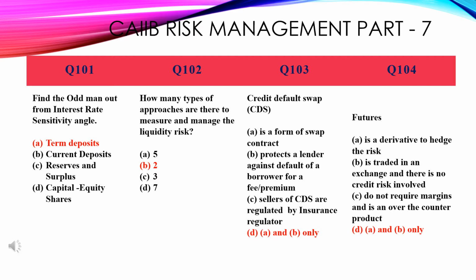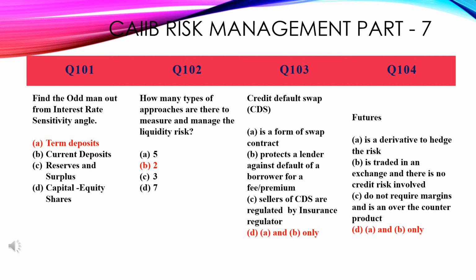Moving on to the next question, that is CDS. It's nothing but credit default swap. What is it? They have given 4 options. The first is, it is a form of swap contract. The second, it protects a lender against default of a borrower for a fee or a premium. Third option is the sellers of CDS, that is credit default swap, are regulated by the insurance regulator.